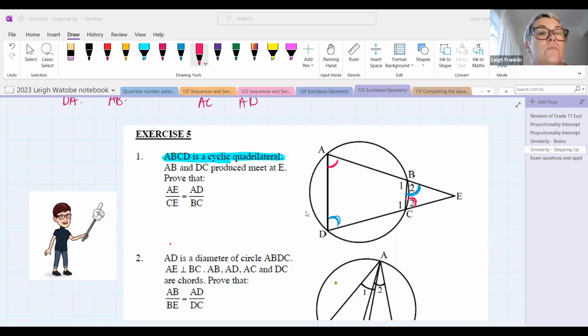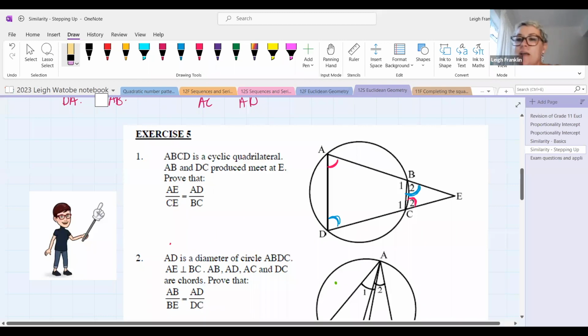So if AB, AC, DB and CD are chords, I proved then that if angle A is equal to angle C and angle B is equal to angle D, because they are lying in the same segment, is that correct? No, that's not correct. Angles in the same segment is when you have, this is angles in the same segment.